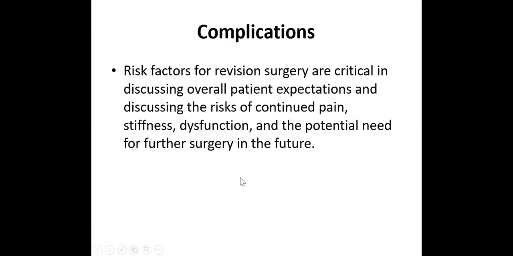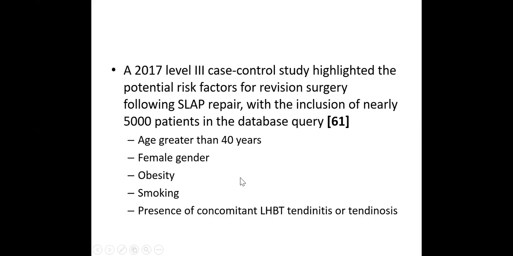Risk factors for revision surgery are very critical in discussing overall patient expectation and the risk of continued pain, stiffness, dysfunction, and the potential need for further surgery in the future. Multiple risk factors have been reported in different studies. A study published in 2017 included nearly 5,000 patients in the database.